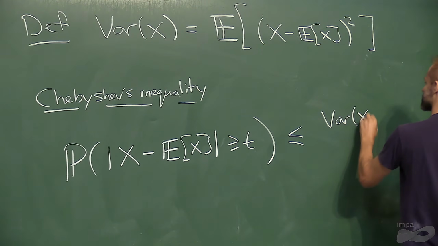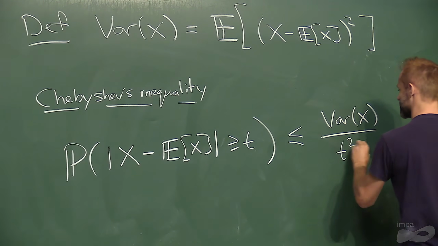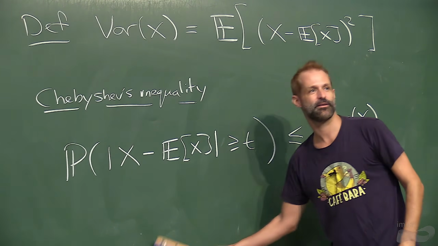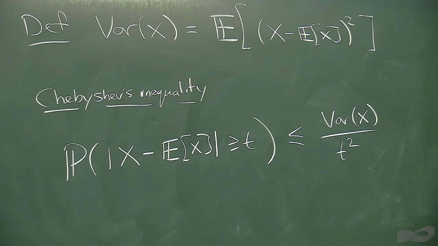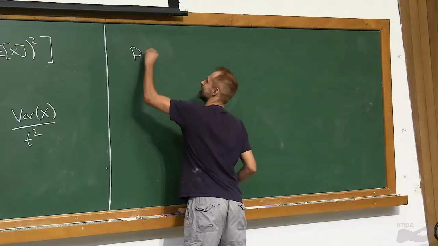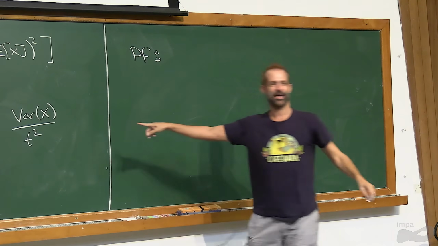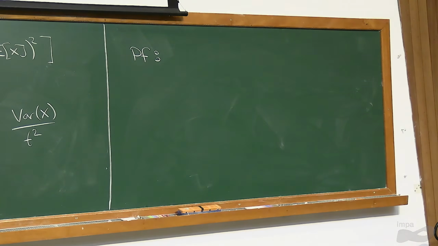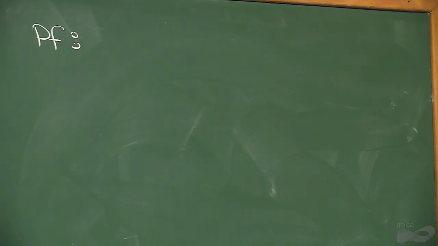It's the variance divided by t squared. Proof. How do you prove this? Hint, it's one line.